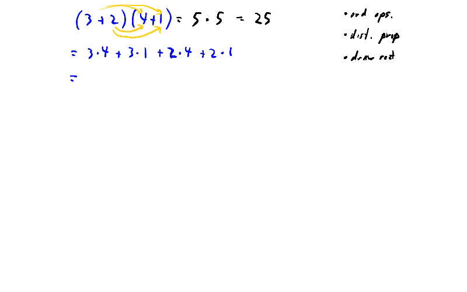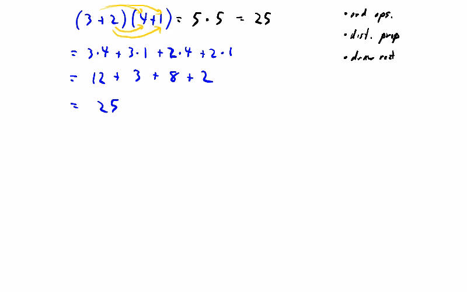Now let's work these out. We have 4 different products: 12 plus 3 plus 8 plus 2. Let's add these together. 12 plus 3 is 15, plus 8 is 23, plus 2 gives us a total sum of 25, just like we expected.